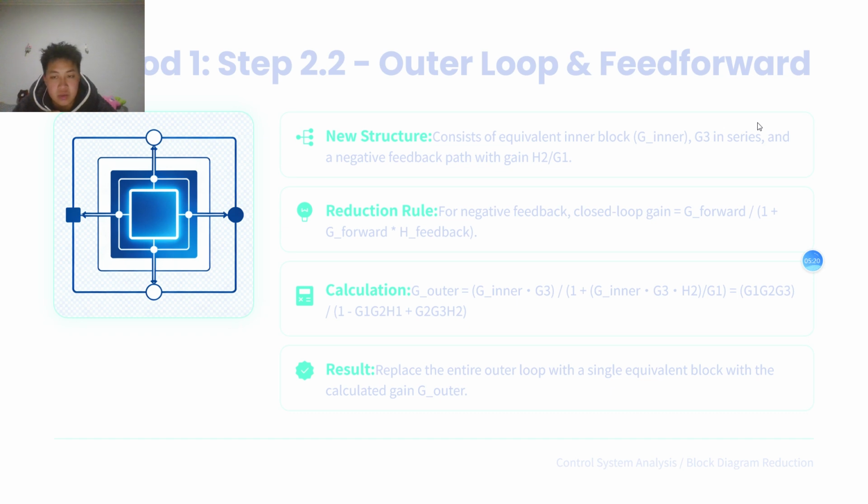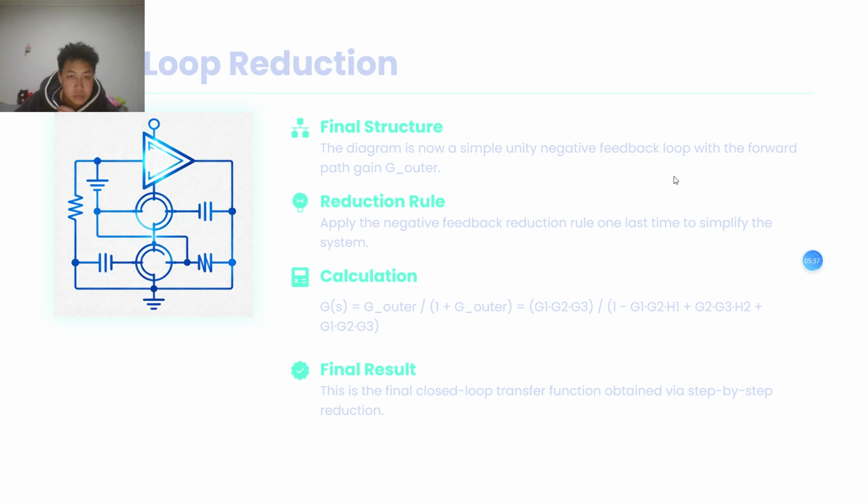Reduction rule for negative feedback: closed loop gain is equal to G forward divided by 1 plus G forward H feedback. Then we get the result. So we can get the final loop reduction.